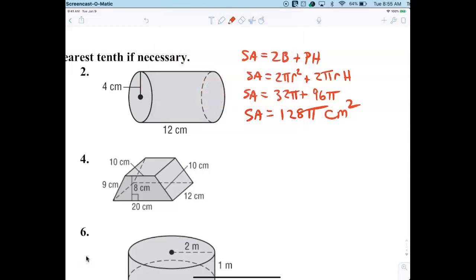This right here is the perimeter, and the perimeter of a circle is 2 pi r. That's how you're supposed to remember the formula, and that's what the circumference is. The perimeter is the circumference. That's exactly correct.